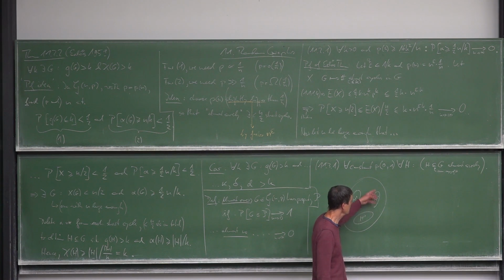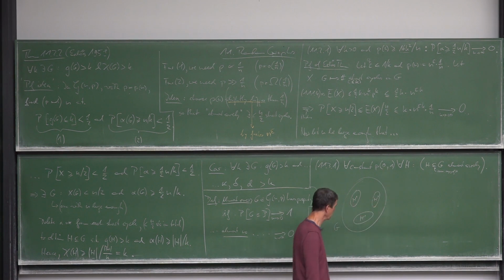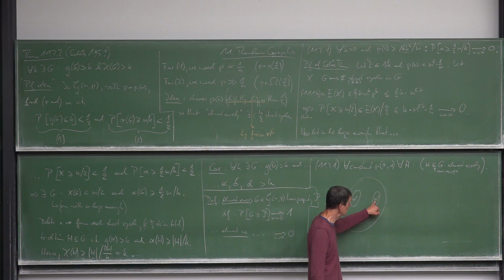And the probability that all these are exactly as we want them, you can even fix how this H lies on these vertices. And then you have all these edges, like k choose two many edges or non-edges, that also all have to be there or have to be absent with some probability strictly between 0 and 1. So the probability that H lies here in exactly this way is some value between 0 and 1.